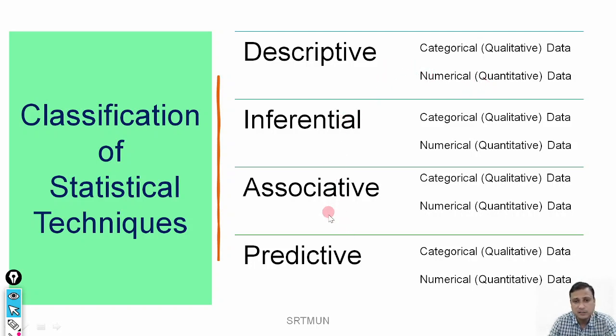In inferential, in associative, and in predictive, you should be very careful with your data. First, you should identify what type of data that you have, what type of variables actually you want to treat with statistical techniques, and then you should choose appropriate statistical technique. Fine. Then and then only you are going to get good results, or then and then only you will be able to give some meaning to those results.